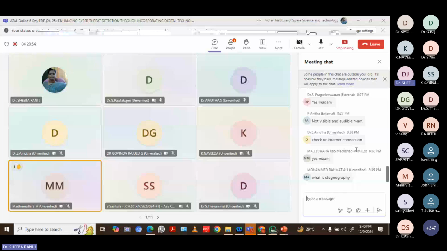At first sight we won't see the information, but we'll be transmitting it inside a non-informative thing. Suppose you are sending one image. The image is not the information, but under that image you will be hiding some information and transmitting. Stegno means covered or hidden. So it's steganography.